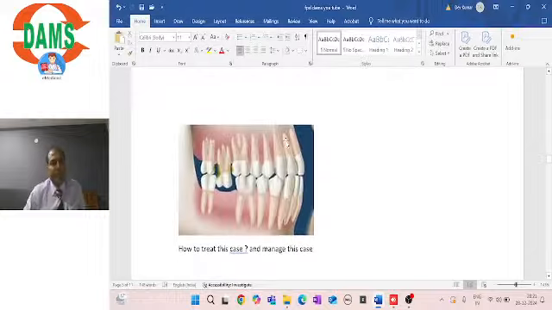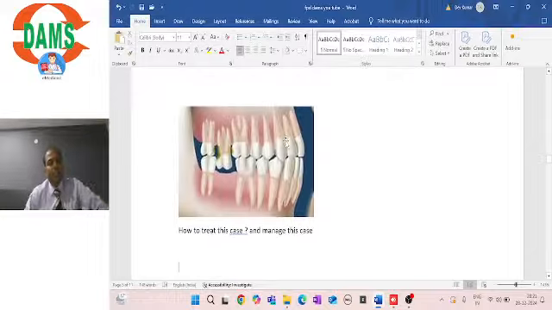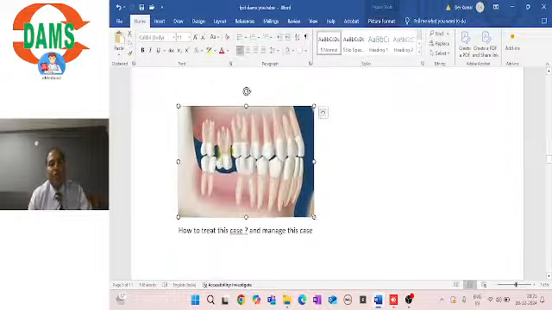Okay, if this is asked, how to treat this case, and I have to rehabilitate the lower molar, what should be done? If this is given, a lot of confusion is there. You can see a severe extrusion. If we see severe extrusion and the bone support of the tooth is so compromised, in such a case the upper molar has to be extracted.